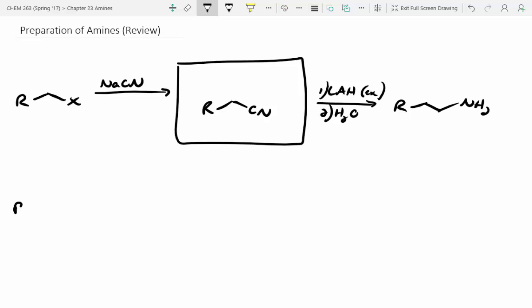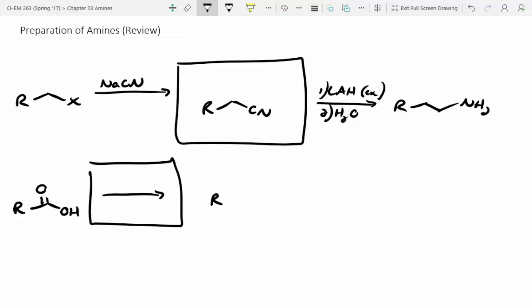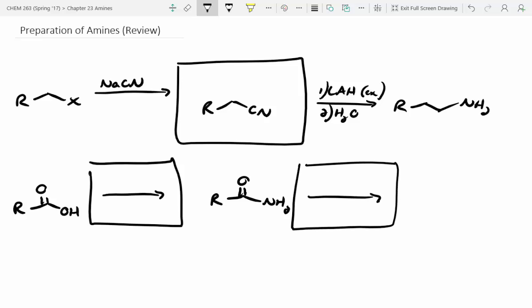Let's do another one. This time we have to match the reagents. What reagents would we need to accomplish this transformation?